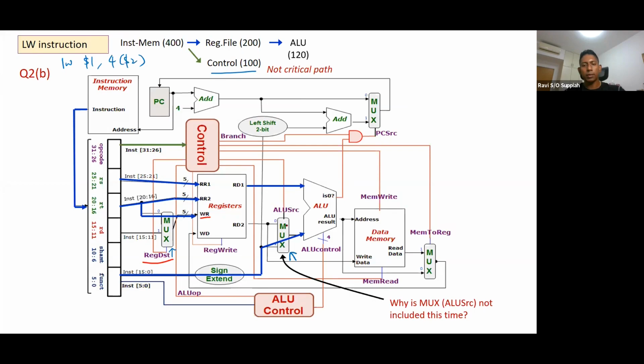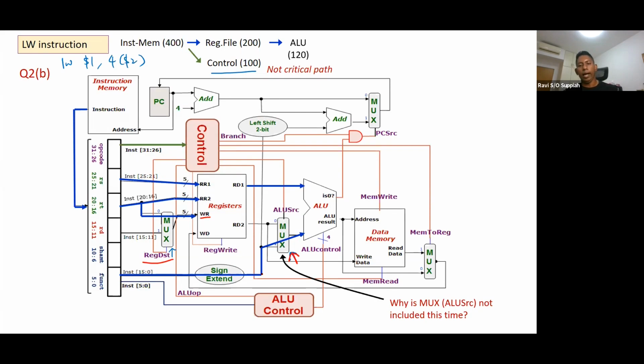For this second multiplexer over here, for the ALU source, the reason why we do not include it is because you can see that this data is coming directly from the instruction and just going through the sign extension. Sign extension, again, is a very fast operation with just some logic gates.